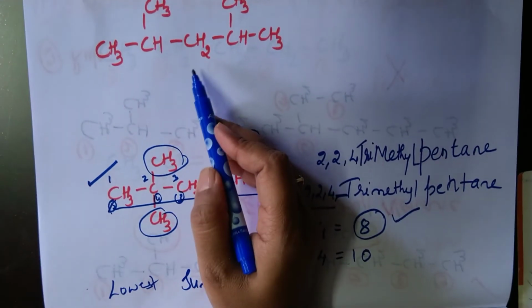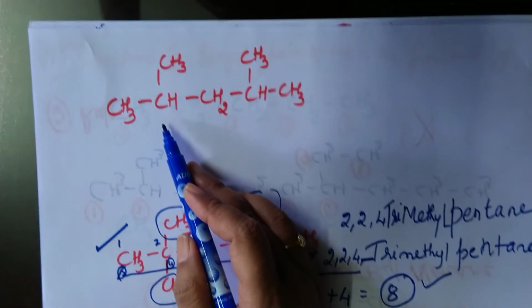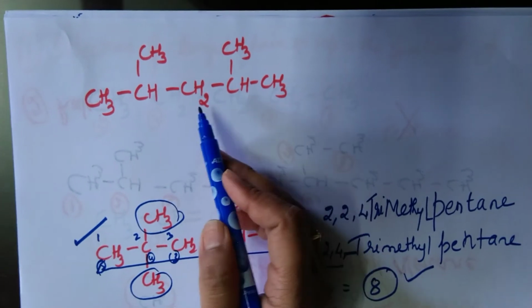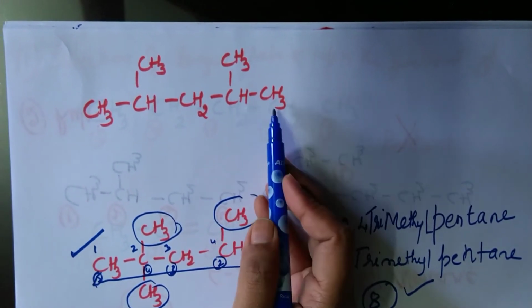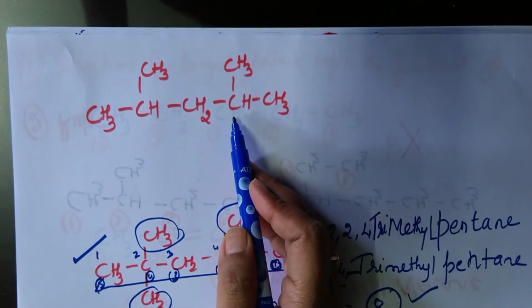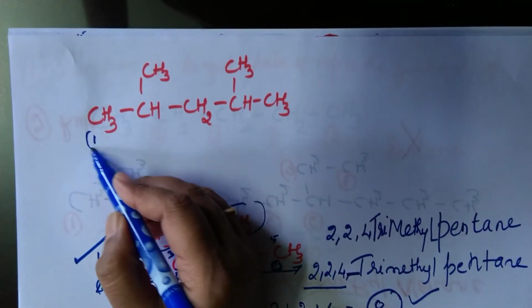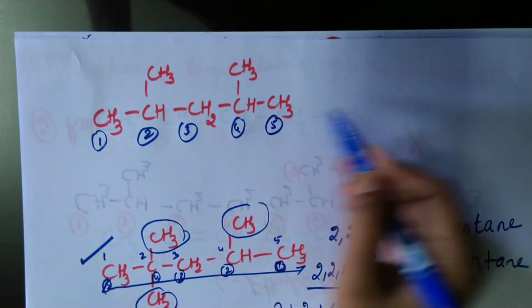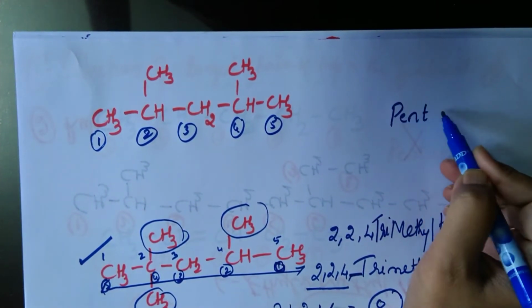Okay, so we will take up this example. The sum of locants from this side, if I number, will be 2 plus 2, and 4. If you number it from this side also, it is 2 and 4. So number it from wherever you like. I'll number it from this side. 5, pent-ane.